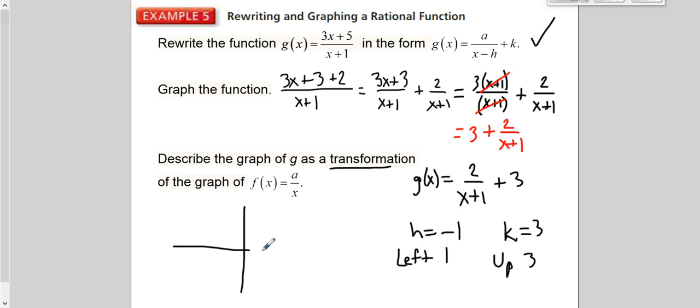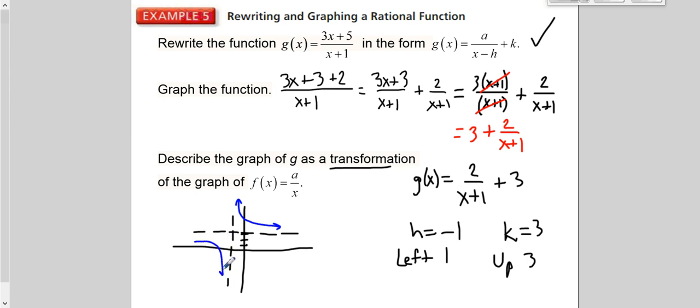So as we make a graph, our asymptote would go through the x-axis at -1 and through the y-axis at 3. Remember, these with the x's and the denominators give you hyperbolas that approach the asymptotes, and it's 2 separate branches.